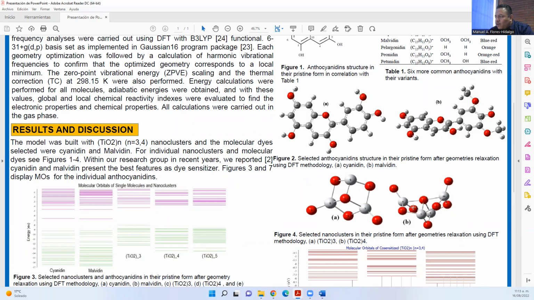You can see here 4 titaniums surrounded by their 2 oxygens for each titanium atom.